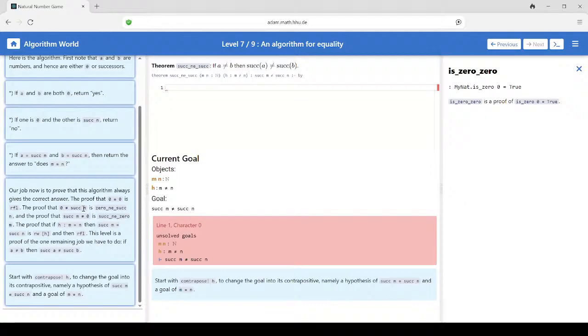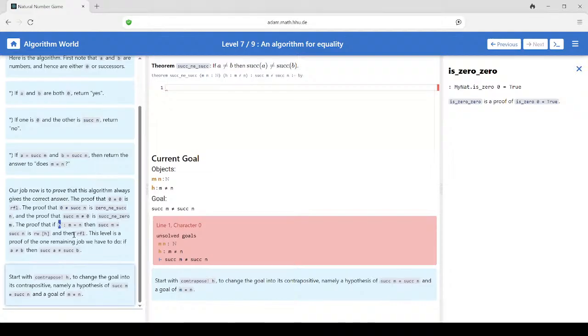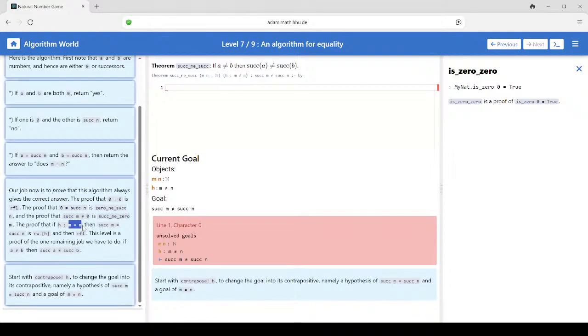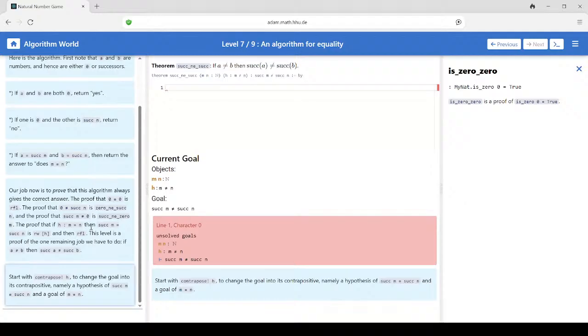The proof that 0 does not equal successor n is 0 NE successor, and the proof that the successor of m does not equal 0 is the opposite, successor NE 0. The proof that if our hypothesis m equals n, then successor m equals successor n is rewrite H, and then reflect.